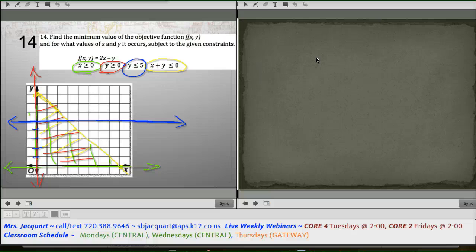So where are my critical points? My critical points are 0, 0. This one, 3, 5. And then this one, 8, 0. So going over to the gray board, I have 2x minus y. So we're going to plug in one at a time. I'm going to do 0, 0. If I do that, I get 0 minus 0 equals 0.